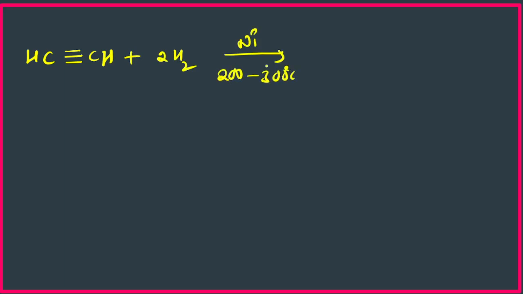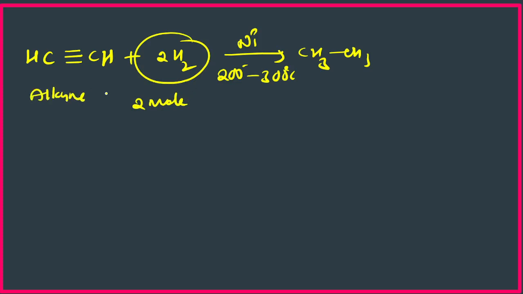See, have a look at the next example: carbon-carbon triple bond with hydrogenation. Same environment, nickel at 200 to 300 degrees Celsius, it gives ethane. So how many moles do we need? 2 moles of hydrogen are needed for alkyne to alkane.